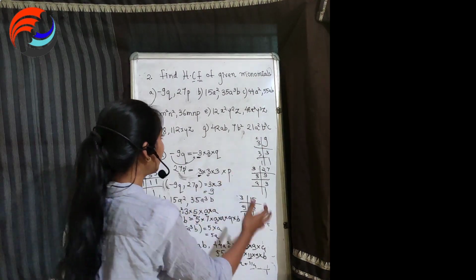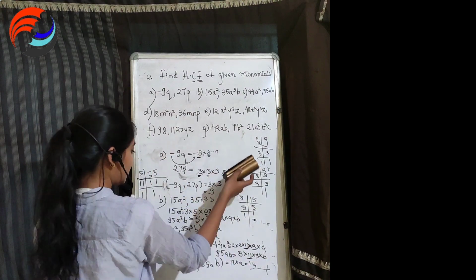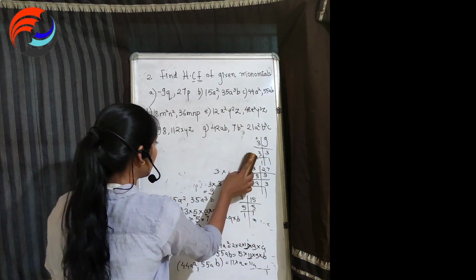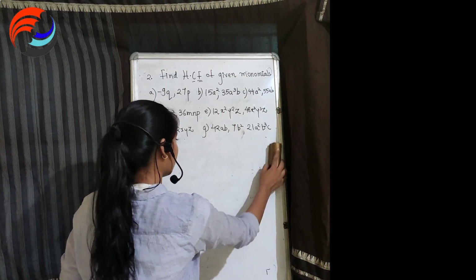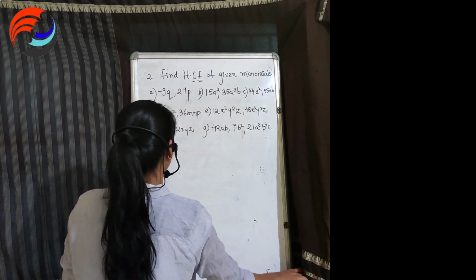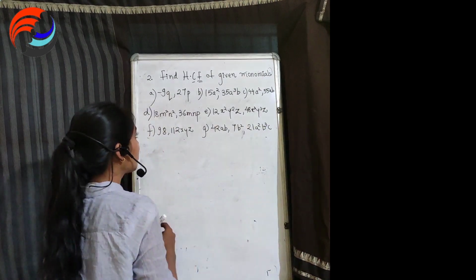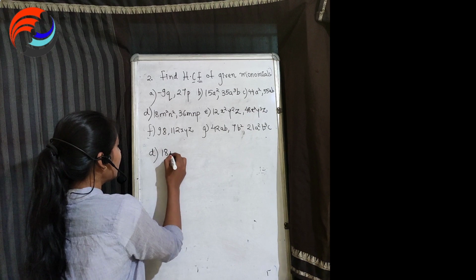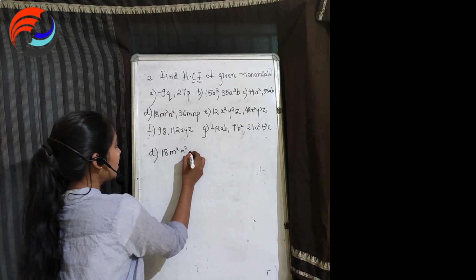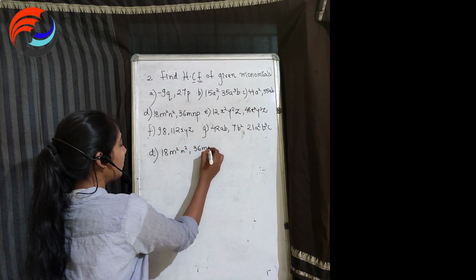Now we will go for another question. We will go for D question. D question is 18 m square n, 36 m n p.